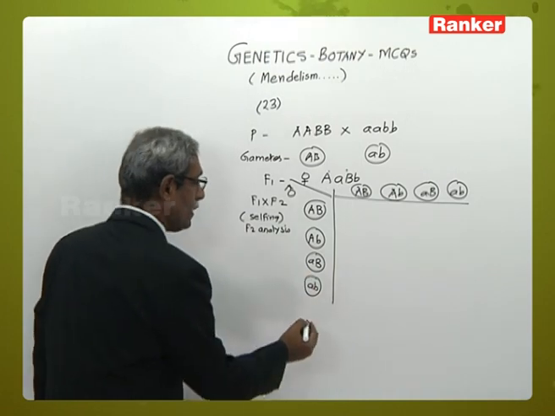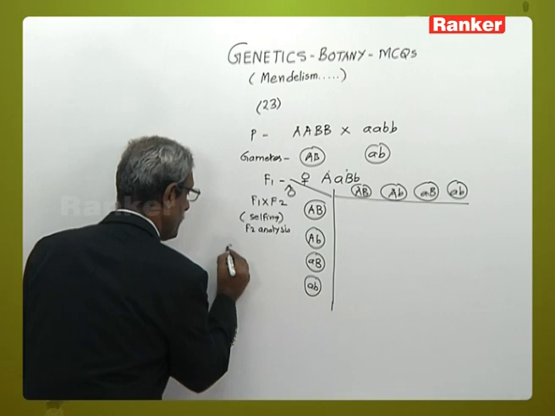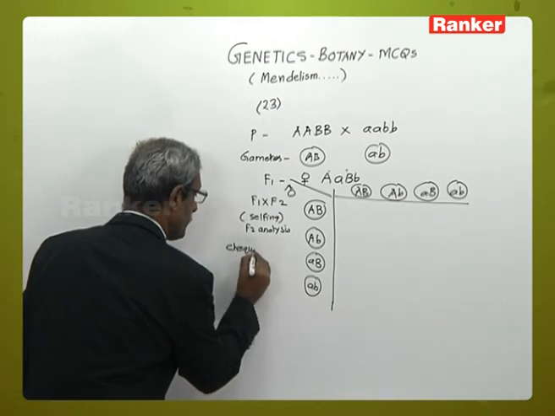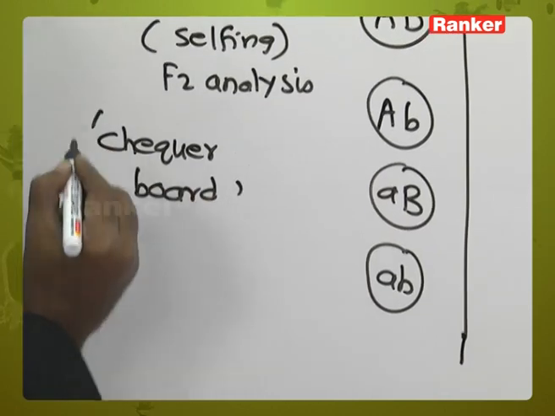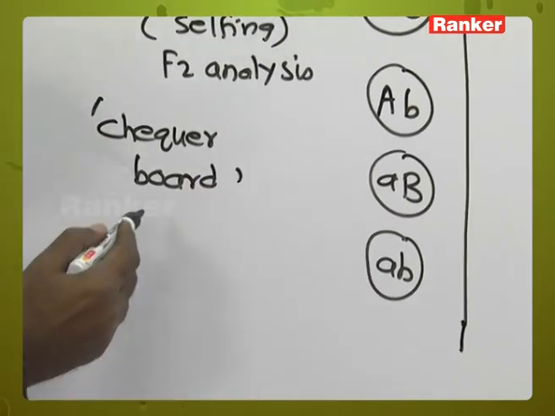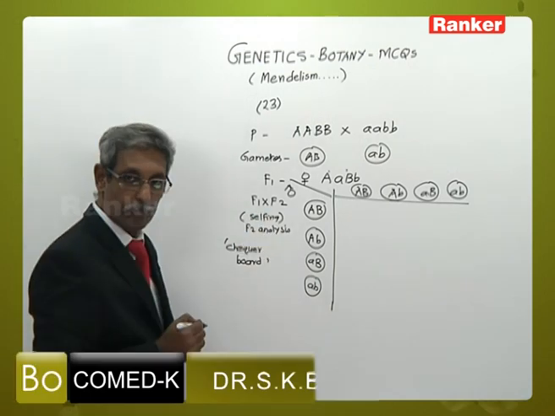So, we are looking at what is the probabilistic combination of the gametes, and this is predominantly termed as a checkerboard. So, a checkerboard is a probabilistic device of the combination of gametes in an F2.